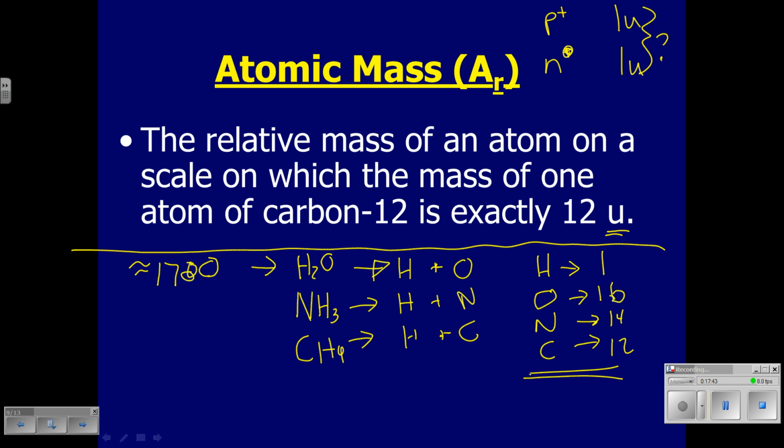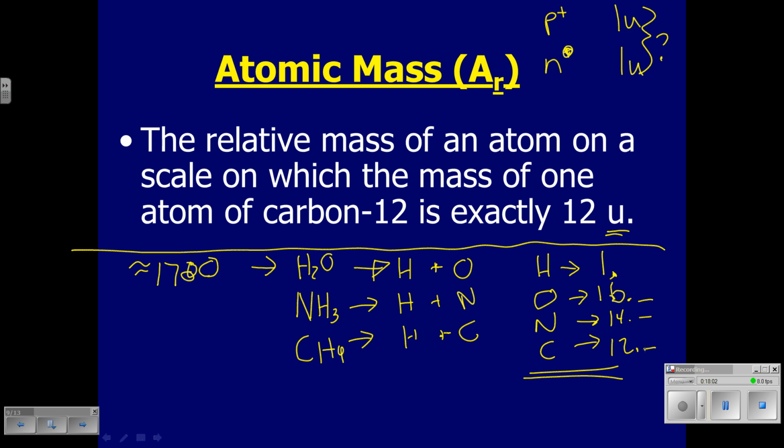All right. Now, as scales got better, they started to discover that some of these numbers had decimals. Decimal something, something, something. And the chemists were afraid of that. They didn't like the decimals.